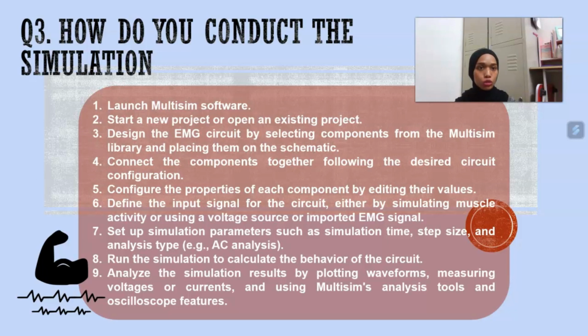And then we proceed to run the simulation and observe the results by analyzing waveforms, measuring voltages and currents at specific points, and we utilize Multisim's analysis tools and oscilloscope.